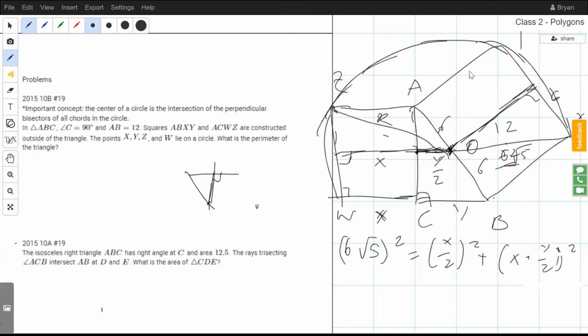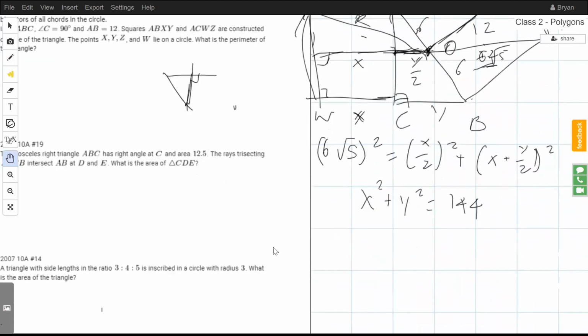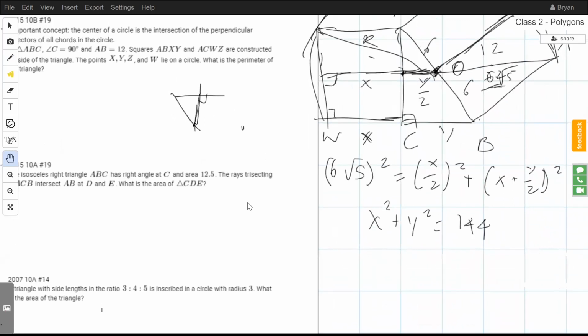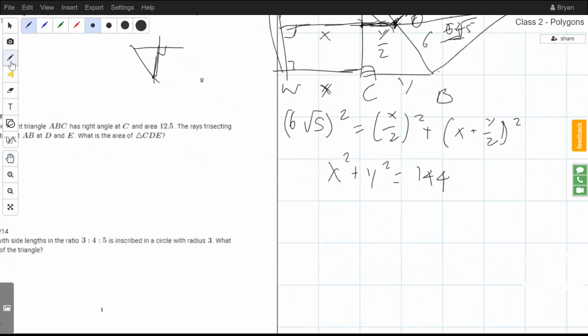However, we also have that X squared plus Y squared is equal to 144 since ABC is a right triangle. So we have two equations and two variables, which means that we can actually solve for both variables. So if we expand, 180 is equal to X squared over 4 plus X squared plus Y squared over 4 plus XY.